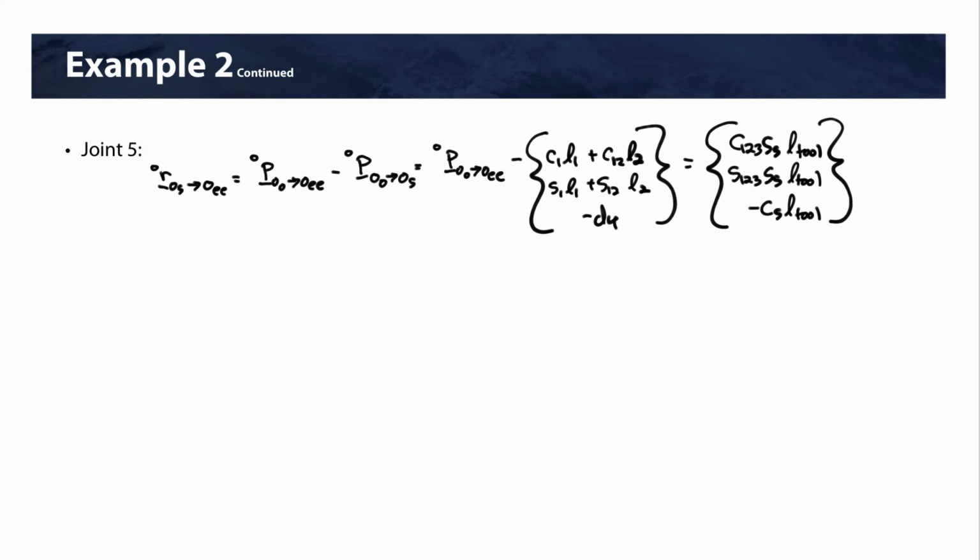Okay, we can do our cross product now, which is Z5 cross our R vector. Z5 we're going to get from T05.